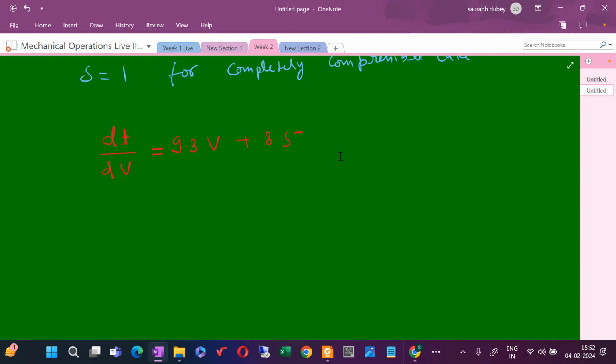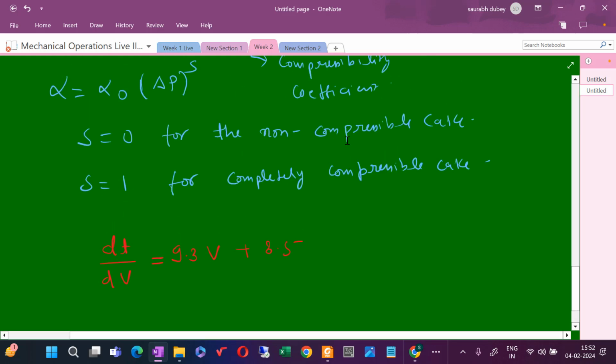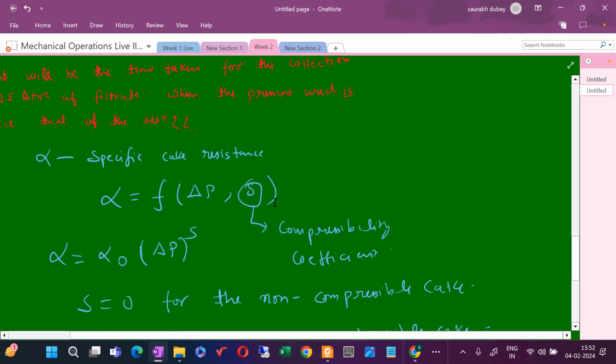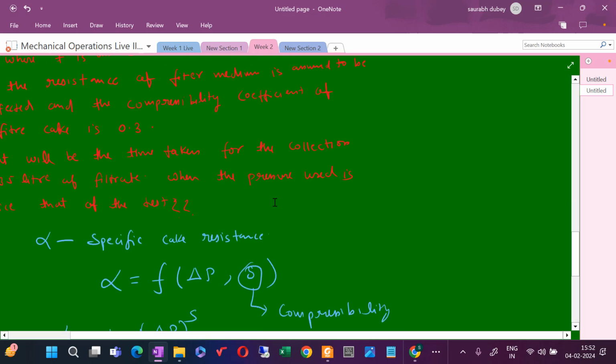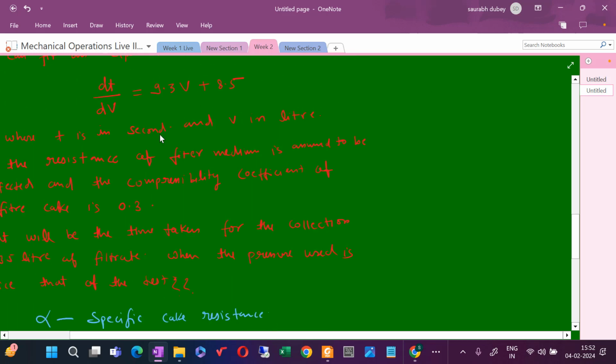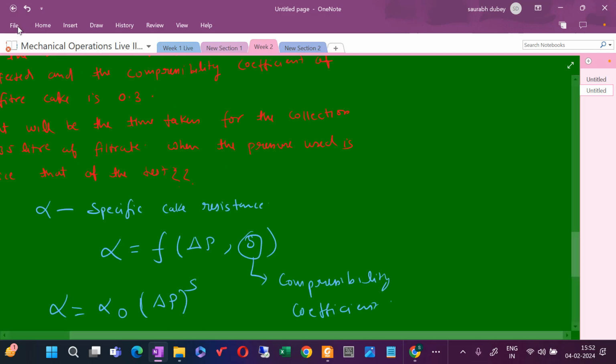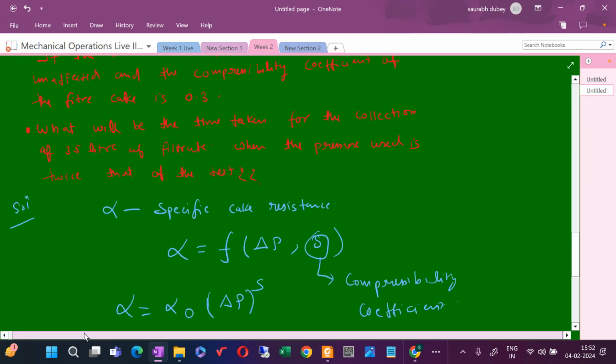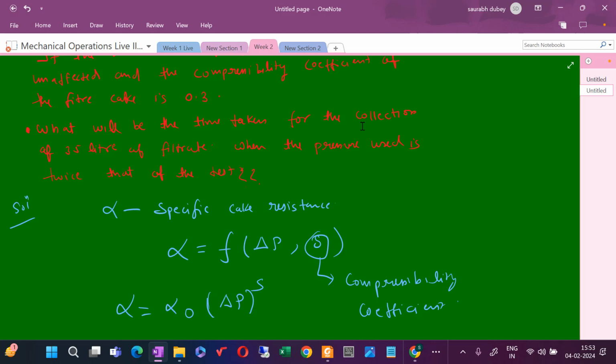Yes, dt by dv is 9.3, and the value of v is given over here, and you need to get what will be the time taken for the collection of 35 liters of the final filtrate.